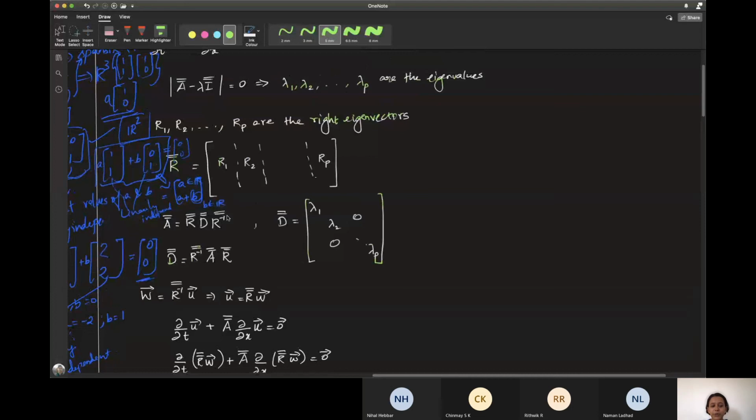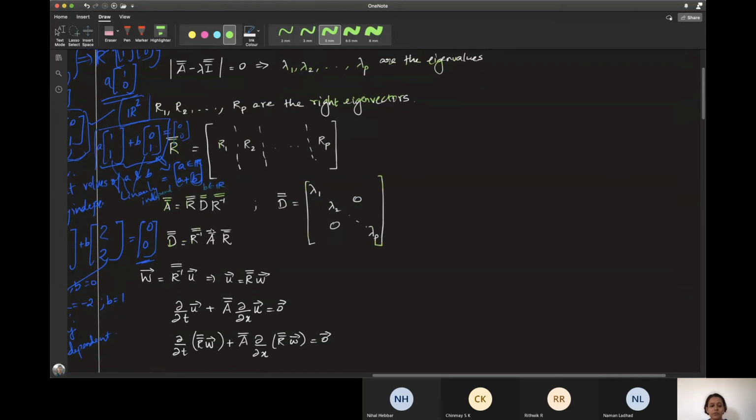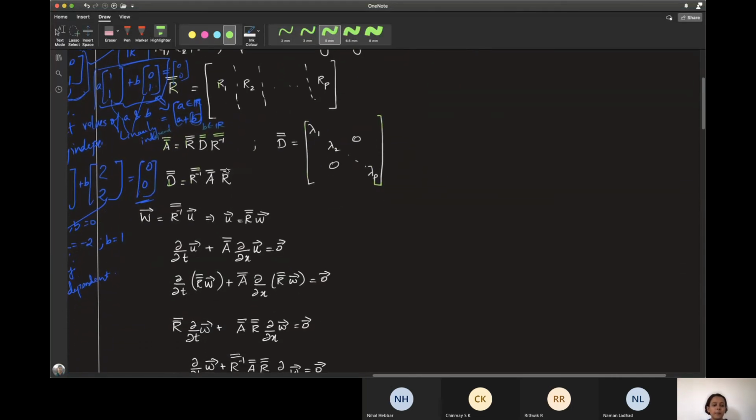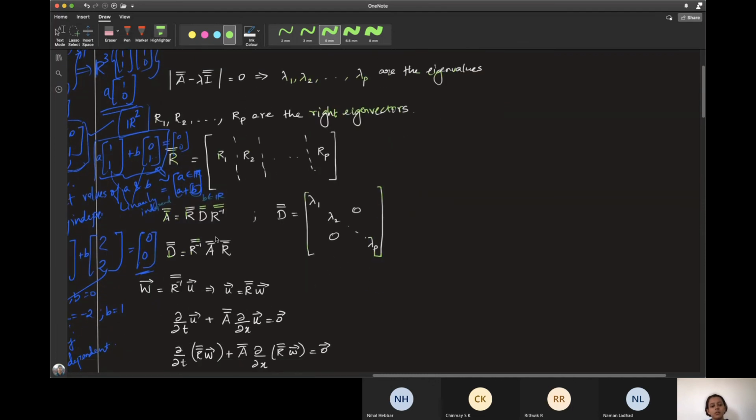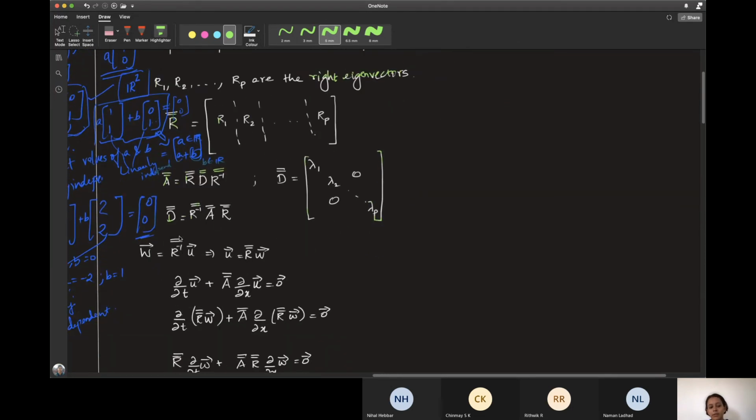Similarly, you can write A also in this form. Your U vector can now be written as R inverse into U. Inverse of the right eigenvectors put together gives you some matrix.